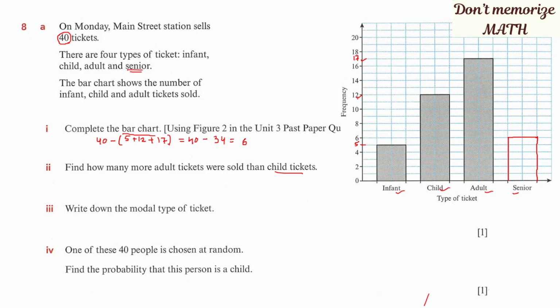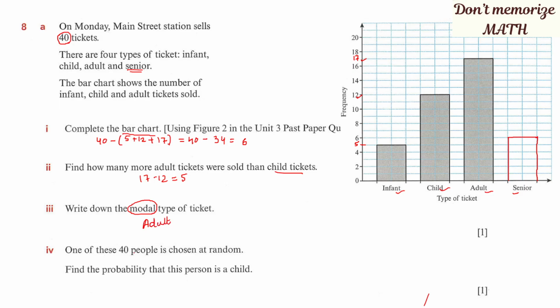Child tickets are 12, adult tickets are 17. So 17 minus 12 is 5 tickets. Then write down the modal type of ticket. What do you mean by modal? Modal means most. The number of tickets is more for adult, so the modal type of ticket is adult.